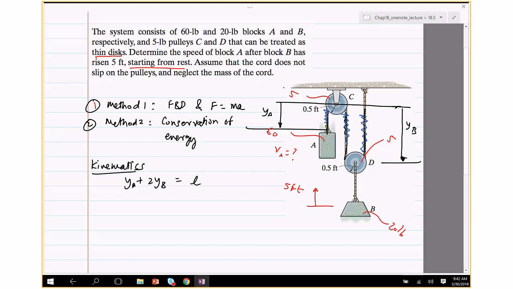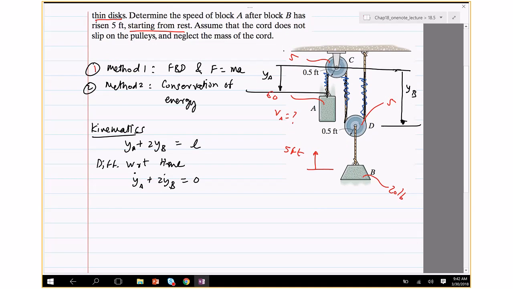So if you differentiate with respect to time, you get yA dot plus 2 yB dot equals 0, which means that the velocity of A is minus 2 times the velocity of B. Another way of writing this is delta yA divided by delta t, which is the definition of velocity, the rate of change of displacement divided by the change in time, plus 2 delta yB divided by delta t equals 0.